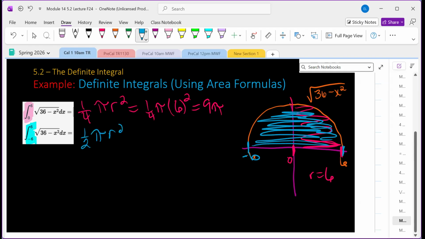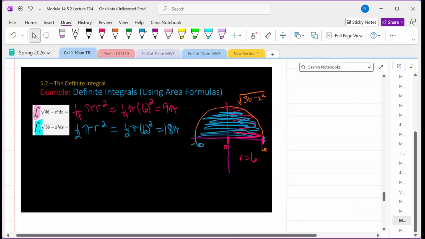So half of pi r squared, half of pi times 6 squared is 18 pi. Now, later on in Cal 2, you will learn how to do this one without using the area formula. But for some of the graphs, just graphing it and realizing it's a basic shape that we can exploit some geometry on, we can evaluate integrals this way.